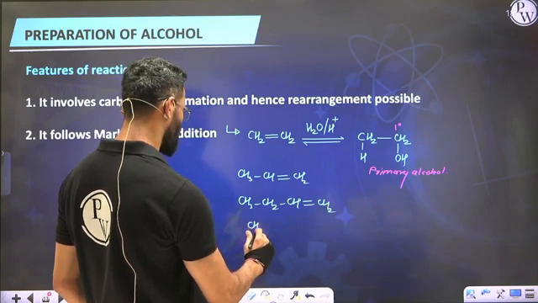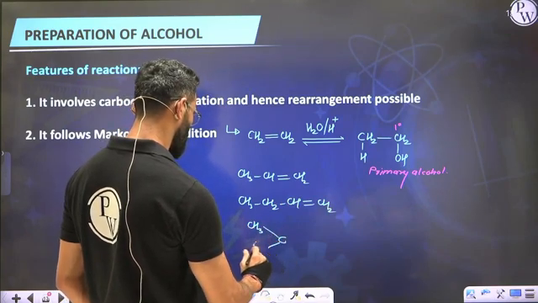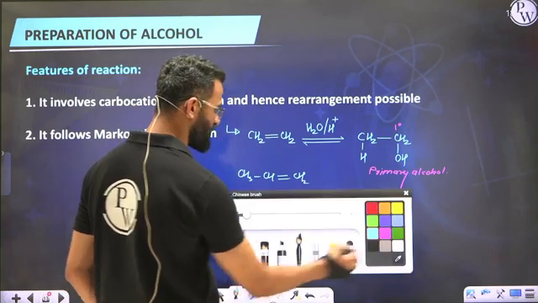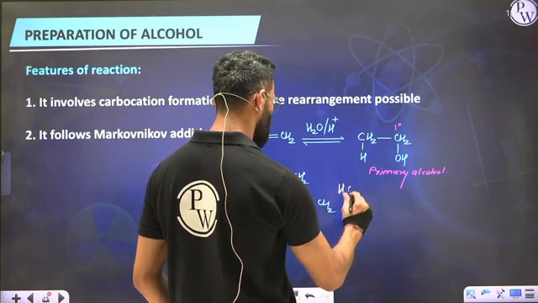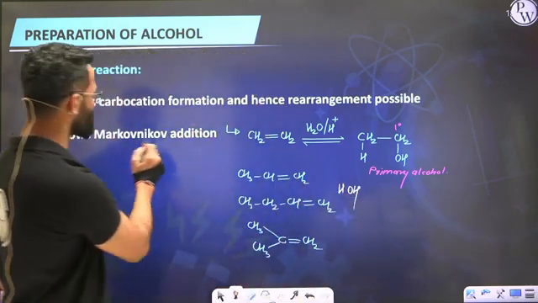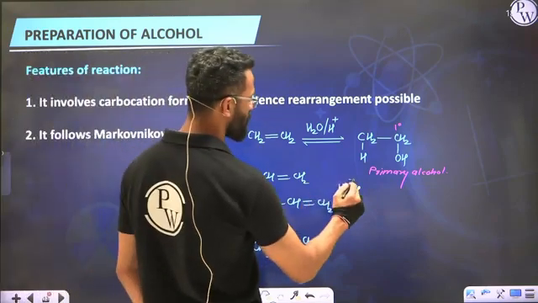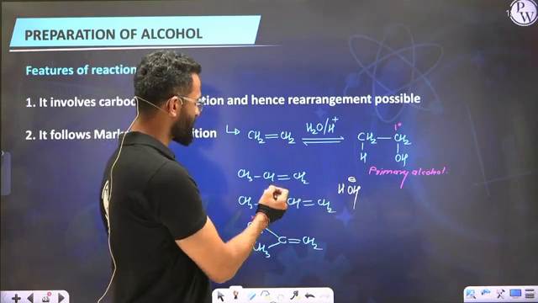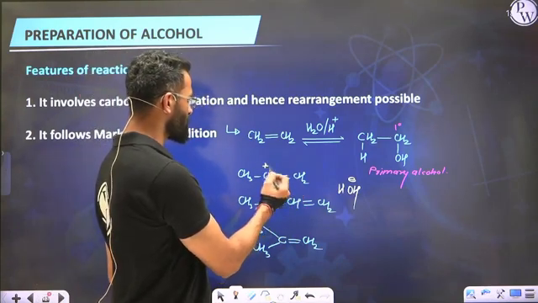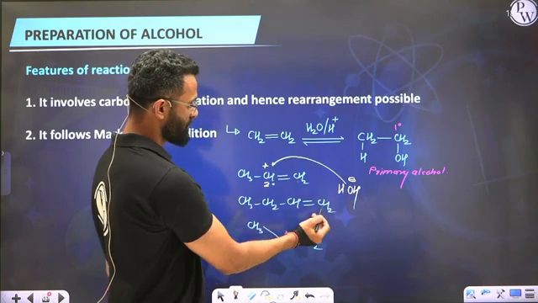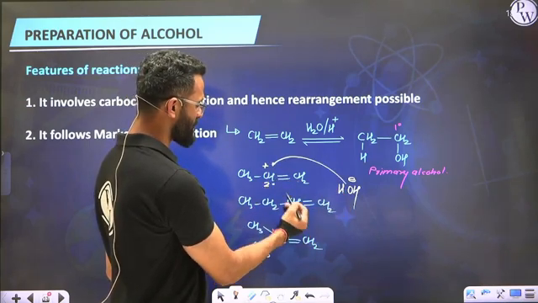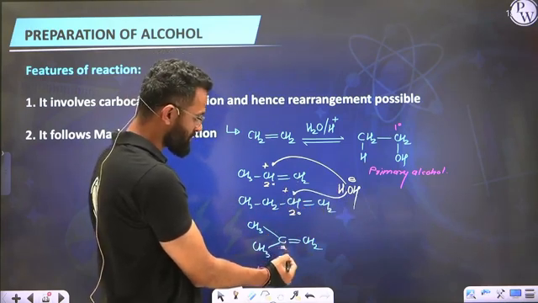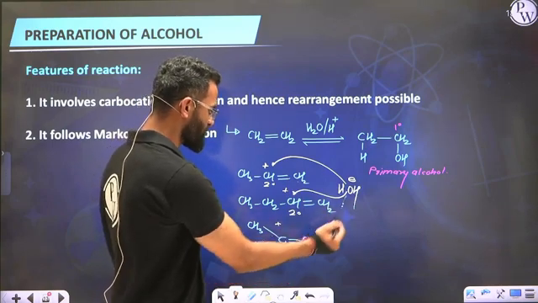If you carry out addition of water, HOH, since the important feature says it follows Markovnikov addition, the negative part OH will always get connected to the carbon where the carbocation is more stable. Between primary and secondary carbon, the carbocation at secondary will be more stable, so OH will always attack there. In isobutene, this is a tertiary carbon, so the carbocation is going to be more stable here, so OH will always attack over here.